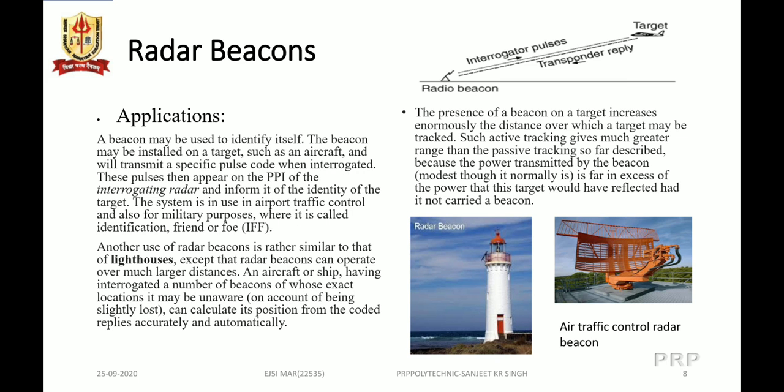There are many applications. A beacon may be used to identify itself. The beacon may be installed on a target such as an aircraft and will transmit a specific pulse code when interrogated. These pulses then appear on the PPI of the interrogating radar and inform it of the identity of the target.